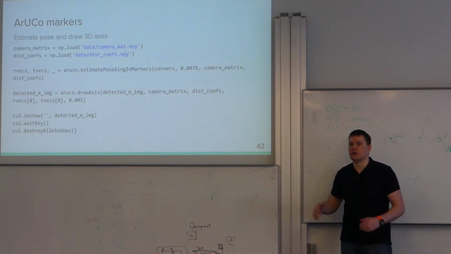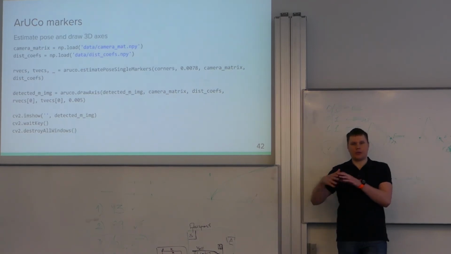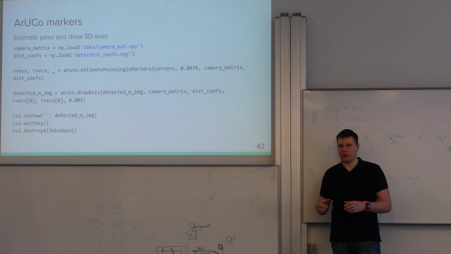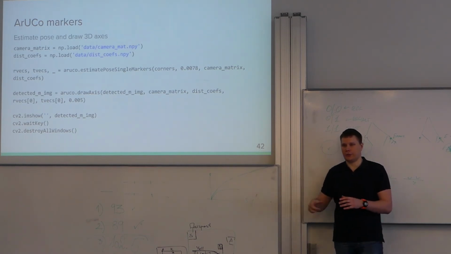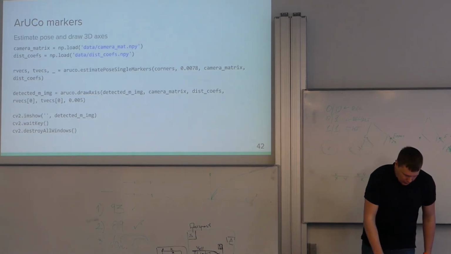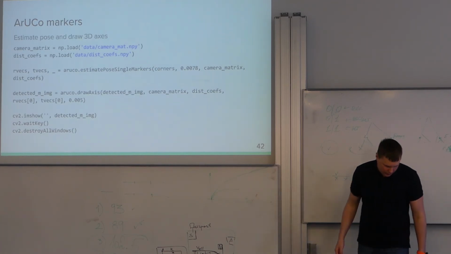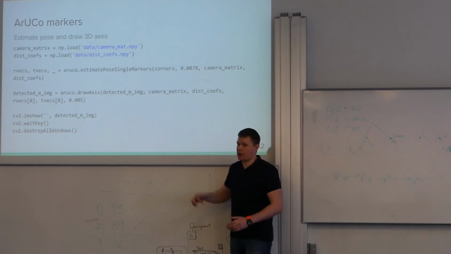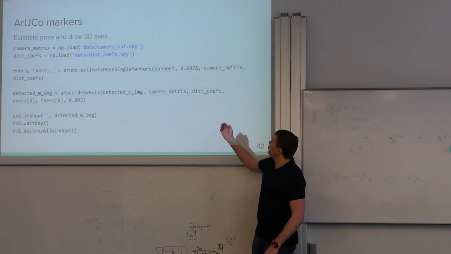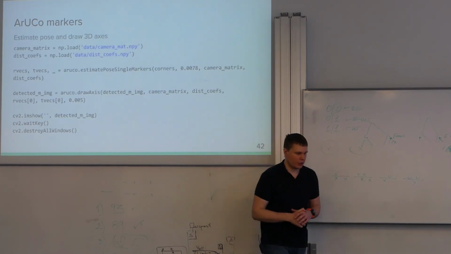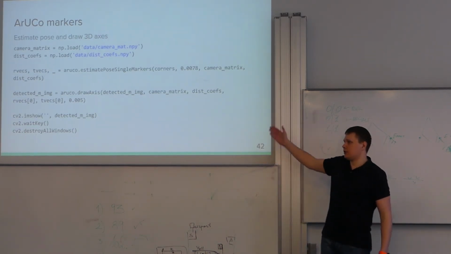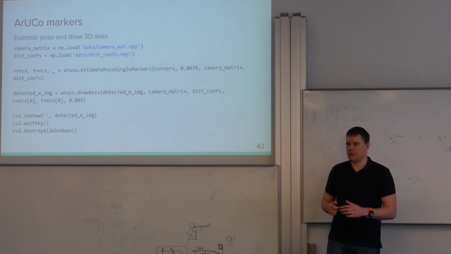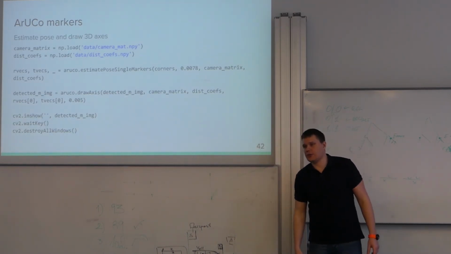So we can not only detect this Aruco marker, but we can restore its rotation and translation, if we know the length of its side. Here we have the estimatePoseSingleMarkers function, and we pass the corners of our marker and also its exact length in meters.